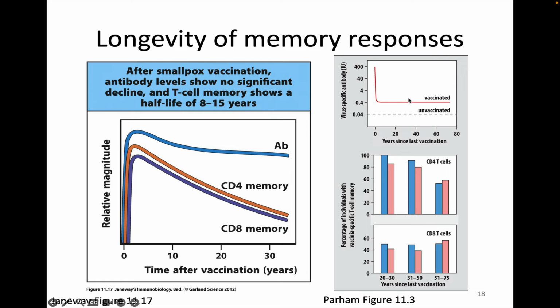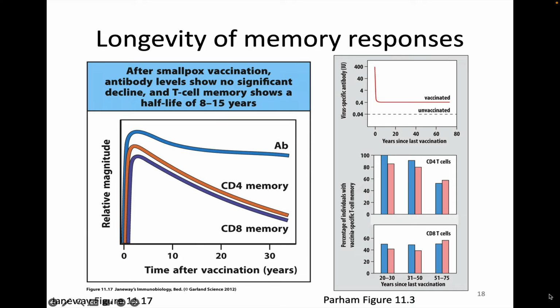And vaccinated individuals have antibodies that we can detect for more than 70 years after they've been vaccinated. Similarly, if you look at CD4 and CD8 T cells, we can see in some patients those CD4 and CD8 T cells persisting up to 75 years post-vaccination. Again, we'll talk about some cool data that came out of this paper a little bit later.